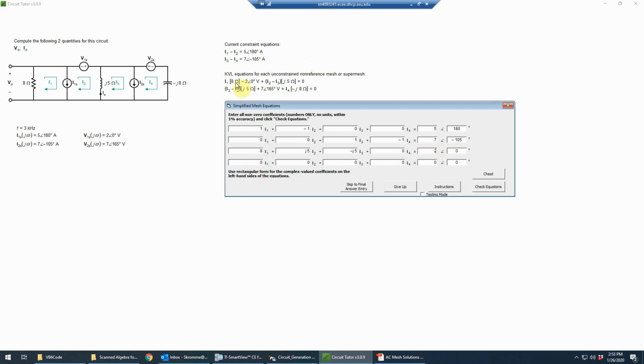Okay? And then the last equation, there's no I1 here, so we have nothing there. I2 has a coefficient of minus J5. And the I3 has a coefficient, just the one term here, of J5.